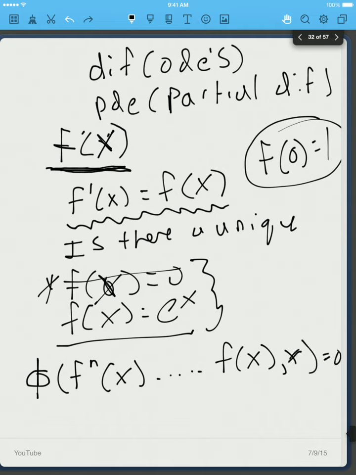So you can write it like this. So it's basically saying that you can write a differential equation as containing all of its derivatives plus its independent variable.